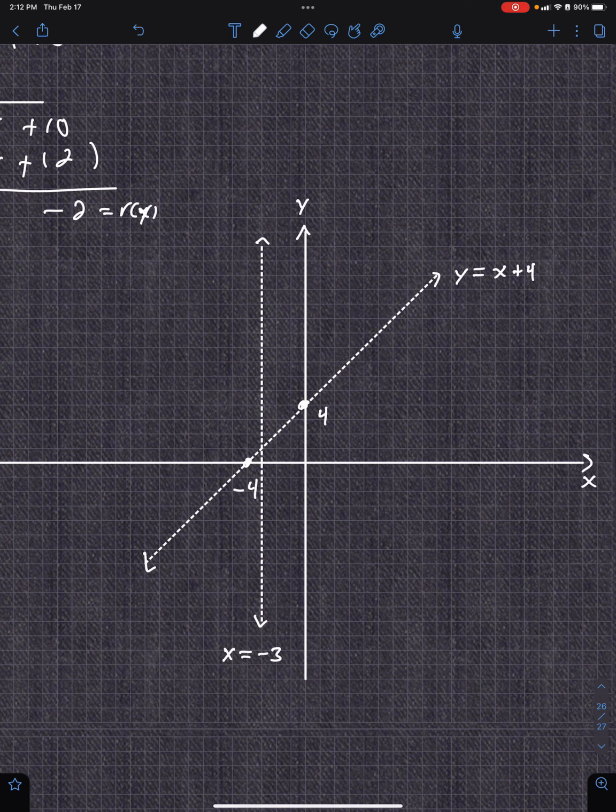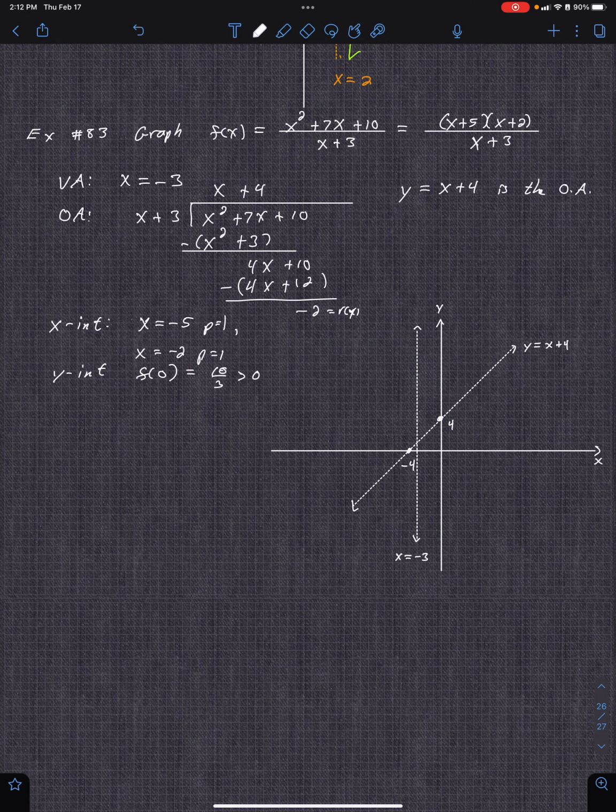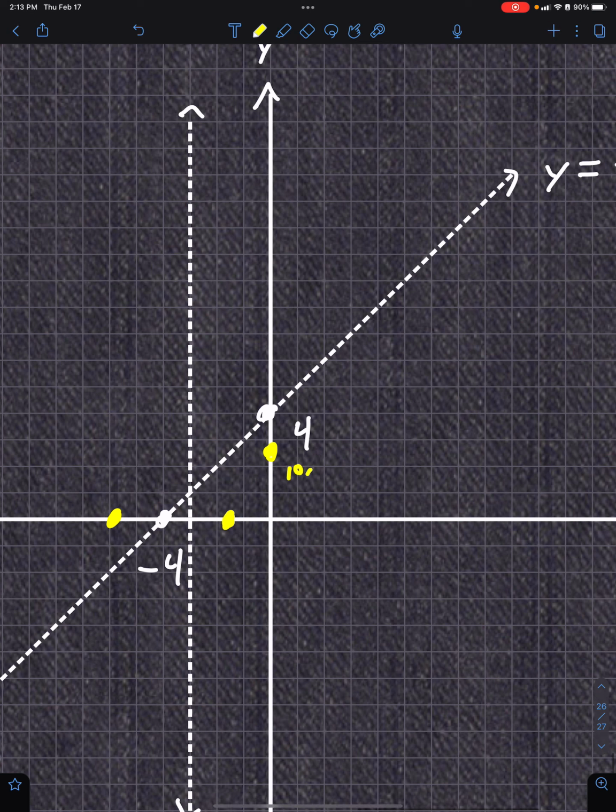All right. What else do we got? We got our intercepts. The intercept's at -5, so it's right here. And -2 is right about here. 10/3. 10/3 is less than 4. It's right about here. So there's your 10/3. And you just get a decimal to figure that out.